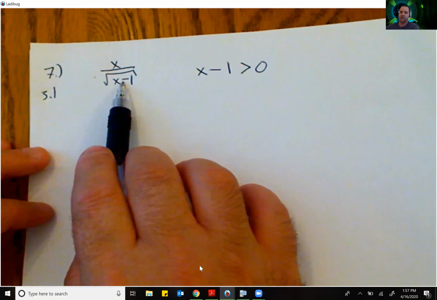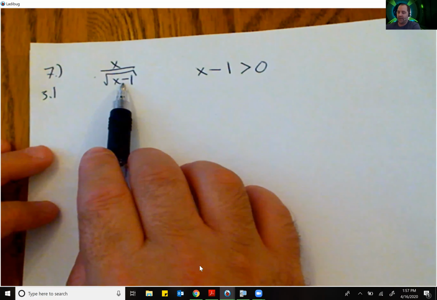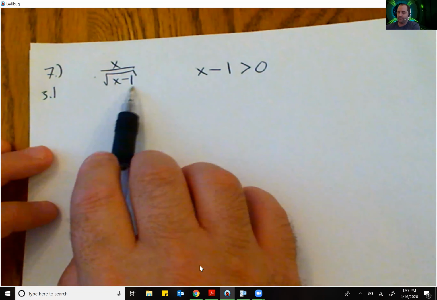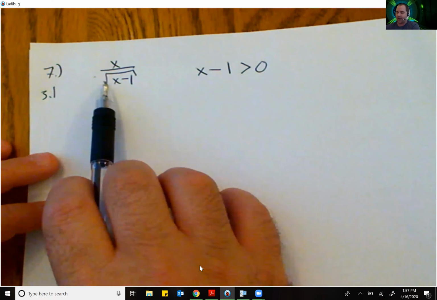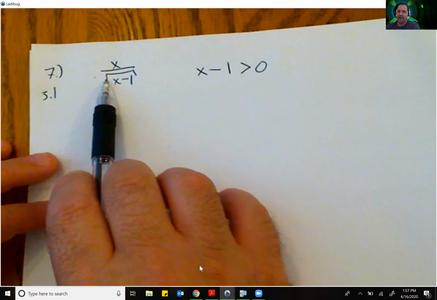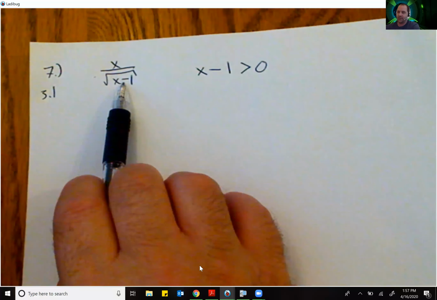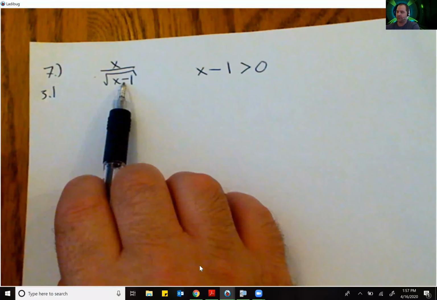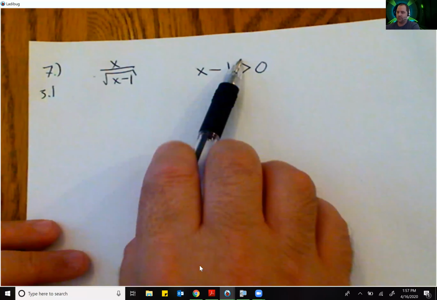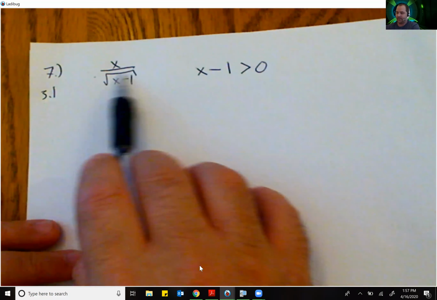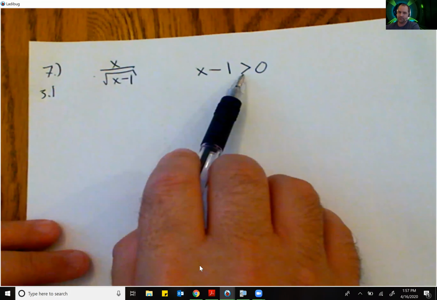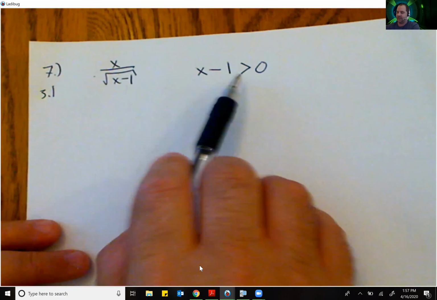And that tells us what number makes the denominator equal to 0. For radicals, we want to be greater than or equal to 0. But again, because this radical is in the denominator, we can't be equal to 0. So that's why we just set it greater than and not greater than or equal to. Because this is in a rational and the radical's in the denominator, you have to knock off the equal to part.